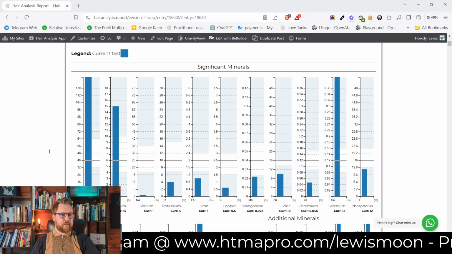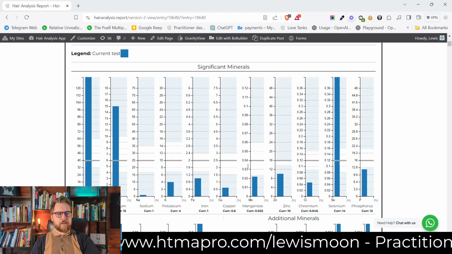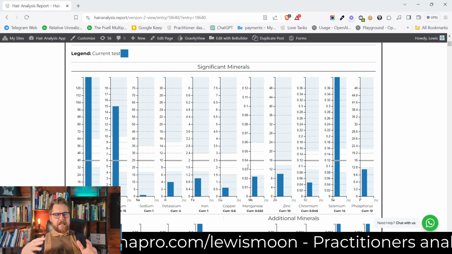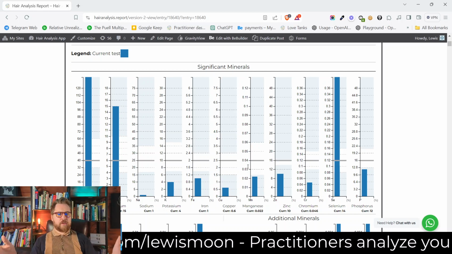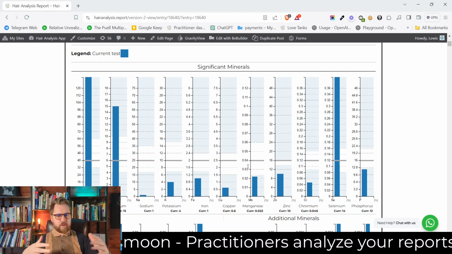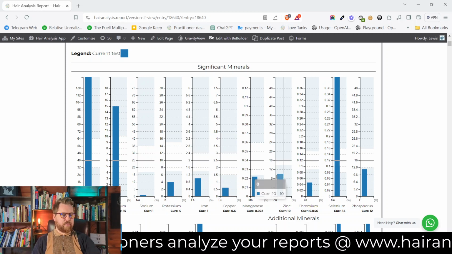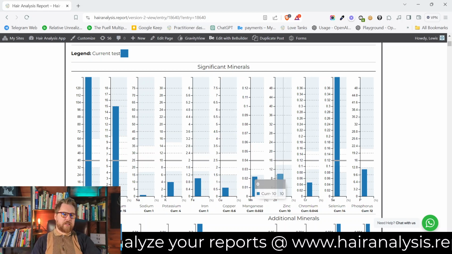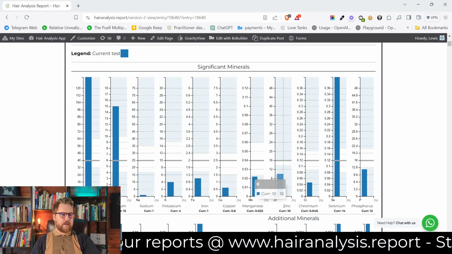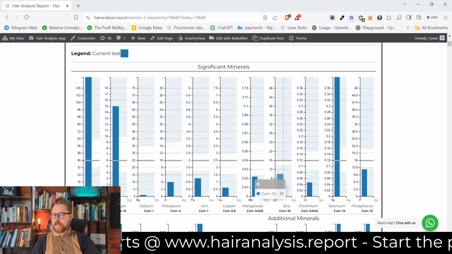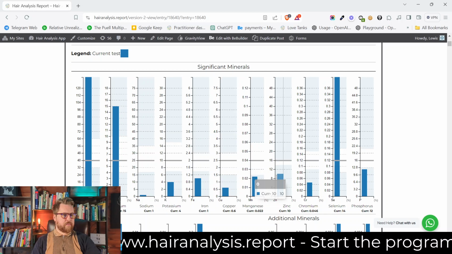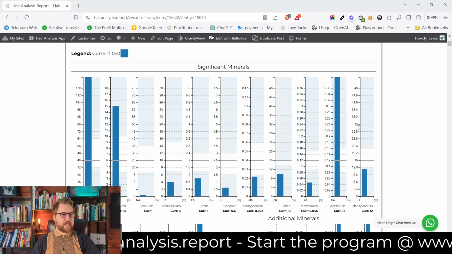We've got a low zinc level. Zinc and copper work together. They're a little bit like yin and yang. Most people have got zinc deficiency issues or low zinc issues. It's a little bit challenging on a hair test to fully understand zinc. The body does quite a good job at trying to keep zinc at a good level, especially in the hair.